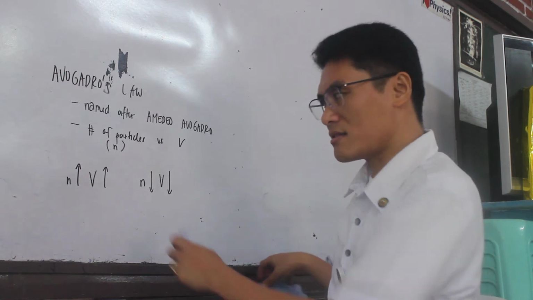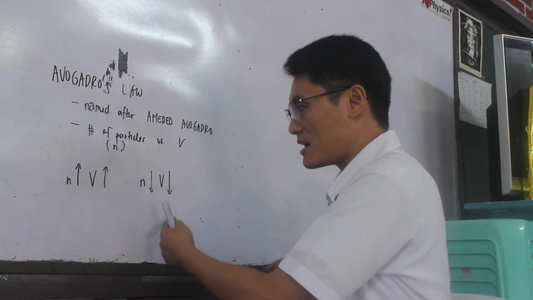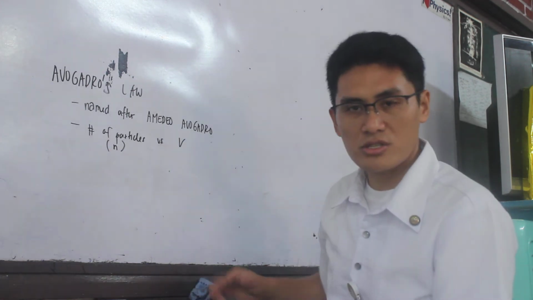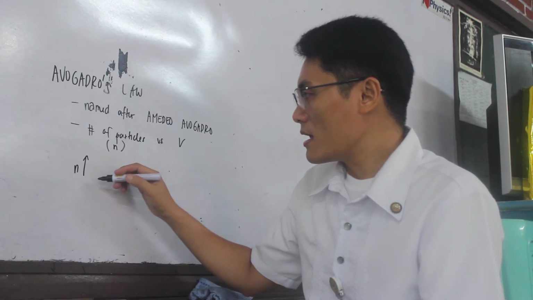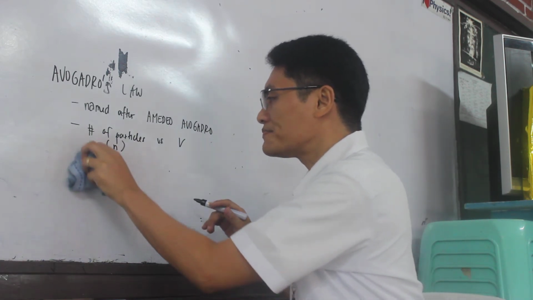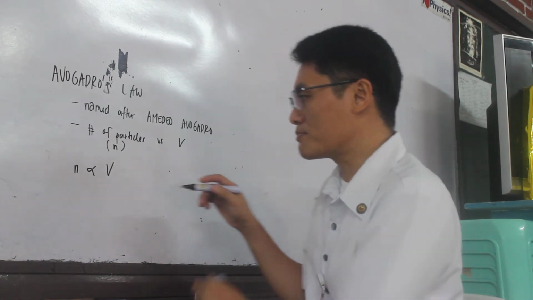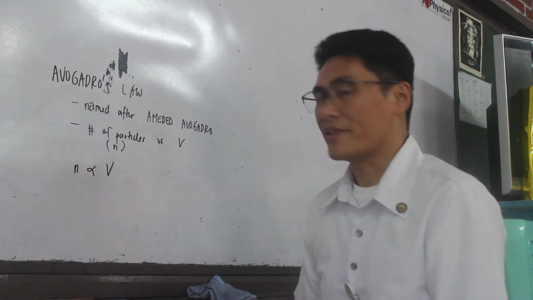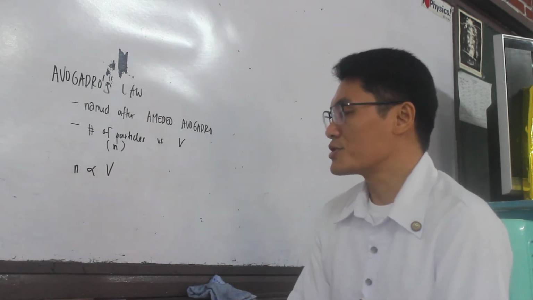So just like that, this increases, that increases; this decreases, that decreases. Therefore, the relationship between the number of particles, which is counted in moles, and the volume is directly proportional.